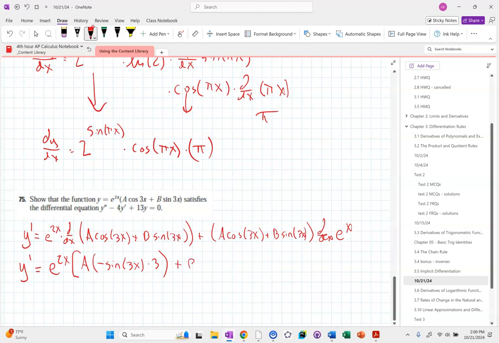Okay. Derivative of sine 3x is cosine 3x times 3.